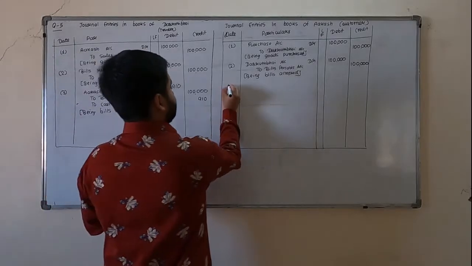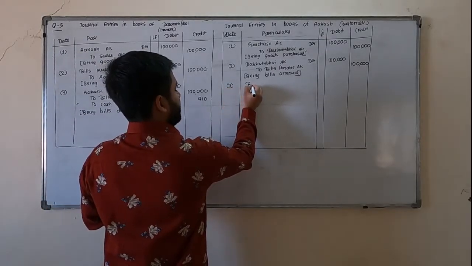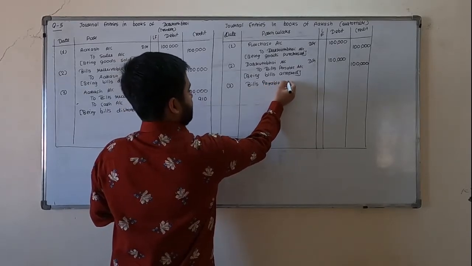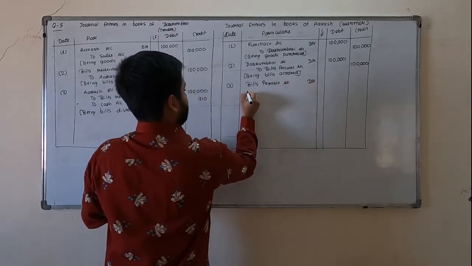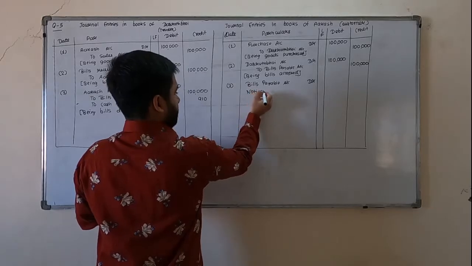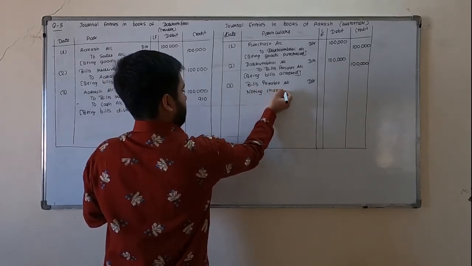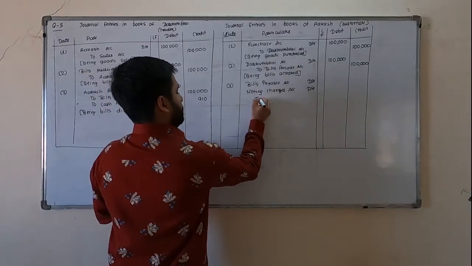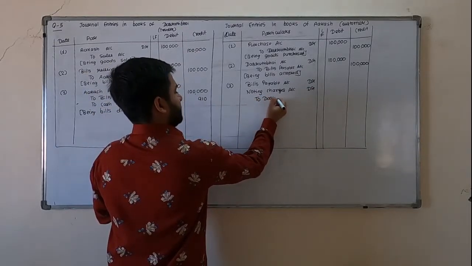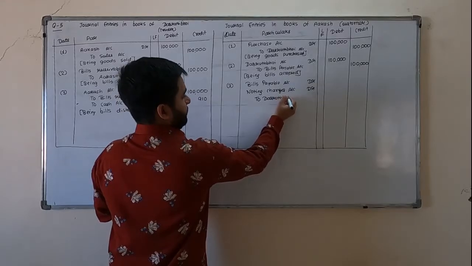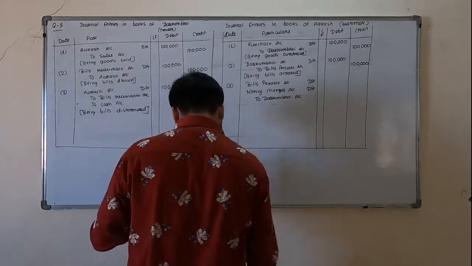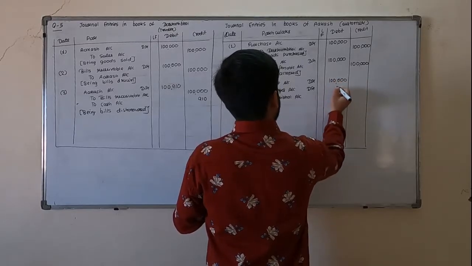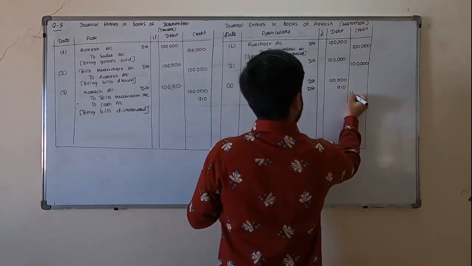And here a fixed entry will come. Bills payable account debit, noting charges account debit to Dashrath Bhai account. Bills are of 1 lakh. Noting charges 910.